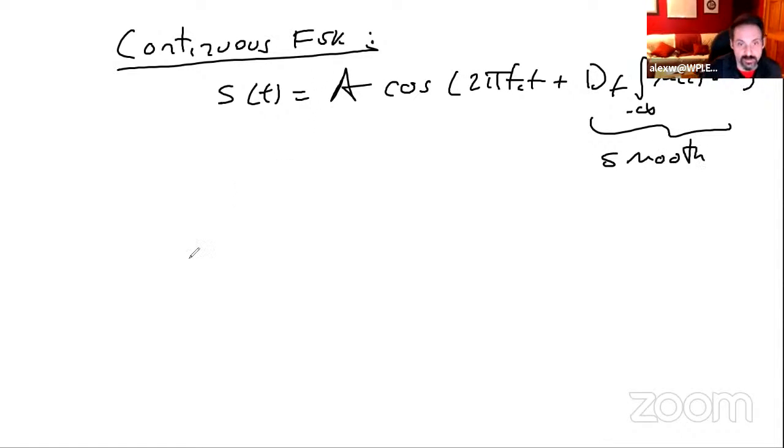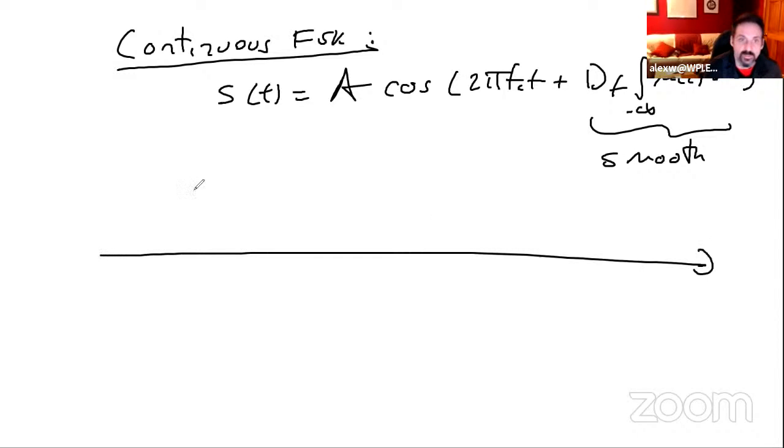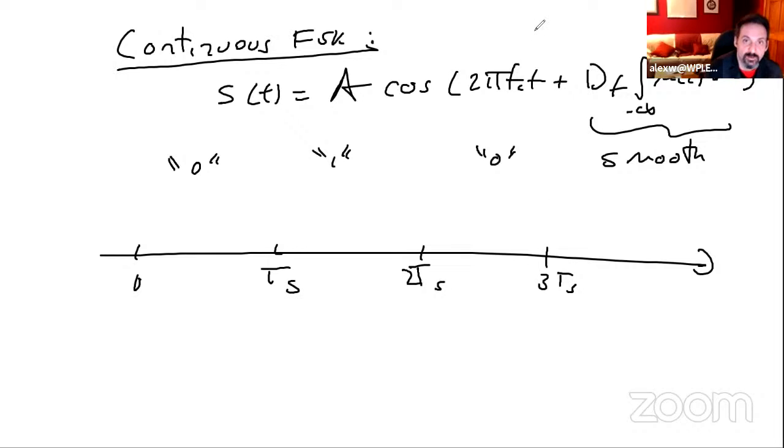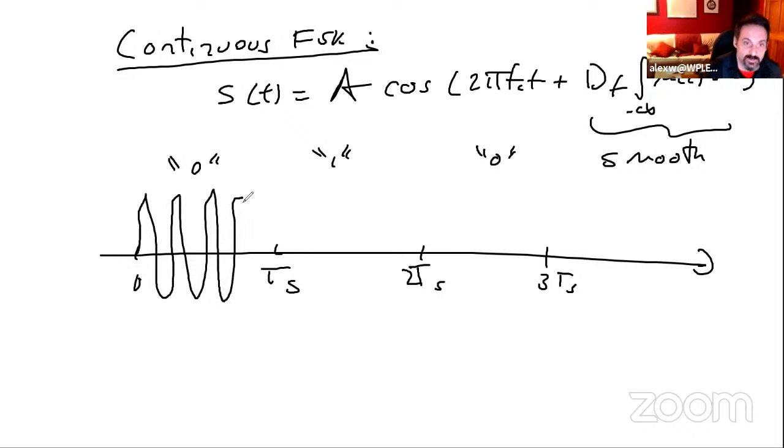So what we get is the same thing, binary 0, binary 1, let's say to binary 0. What happened is instead of a boom at every symbol boundary, let's say this was a slow frequency, and it went to a faster frequency from 0 to 1.